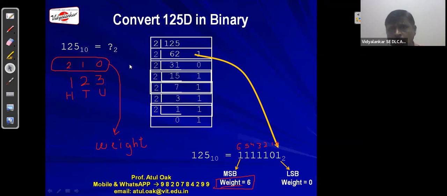If you talk about a binary number, it is the position of a bit. Position of a digit is called weight if you take other number systems.